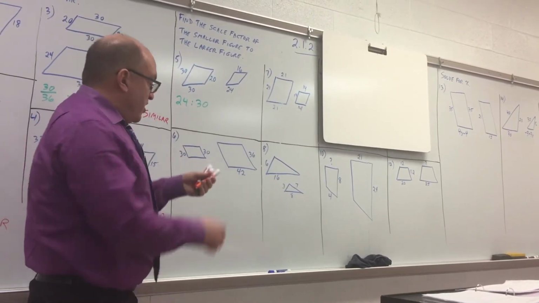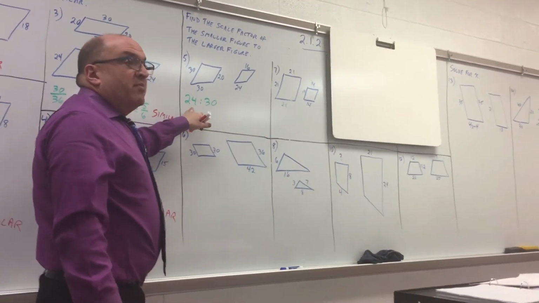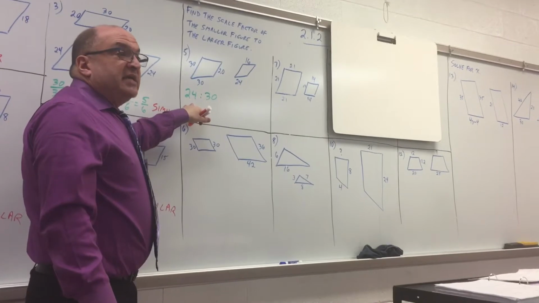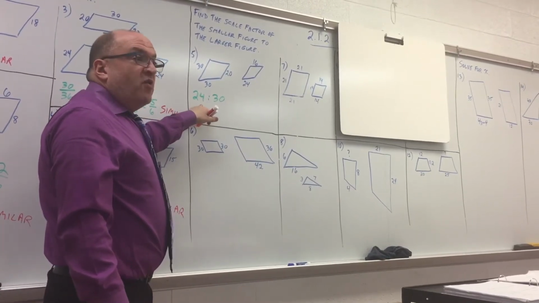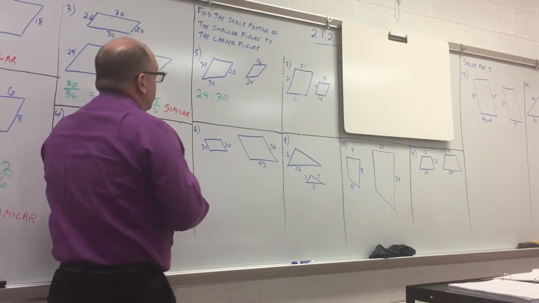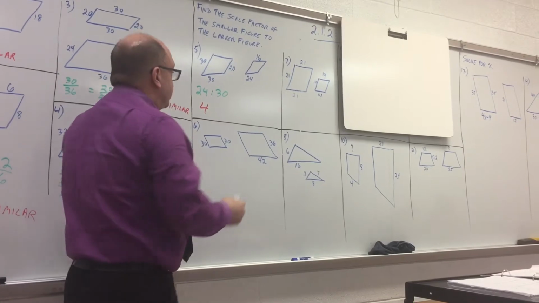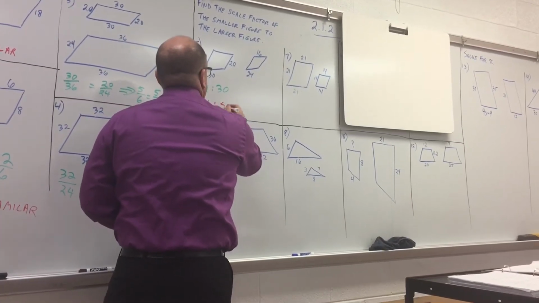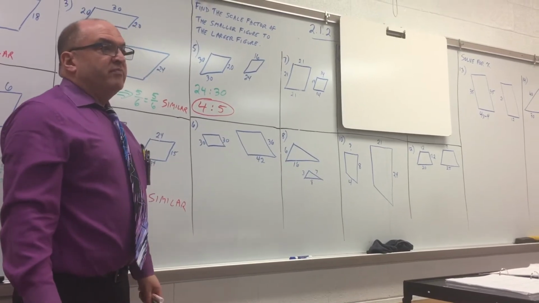Or, if you don't have the calculator, what number goes into both numbers? 6 goes into both numbers. What is 24 divided by 6? 4. What is 30 divided by 6? 5. Your answer? 4 to 5. That is called the scale factor.